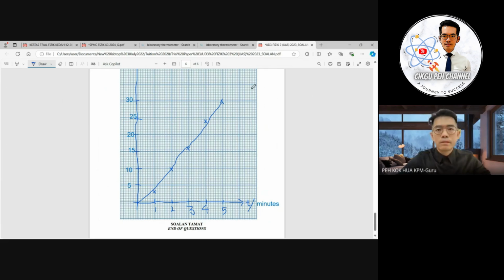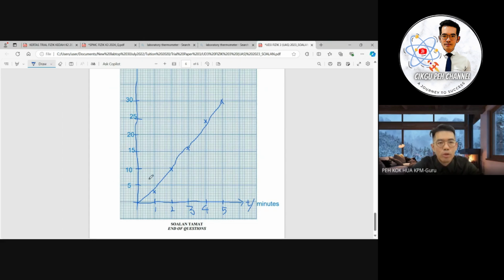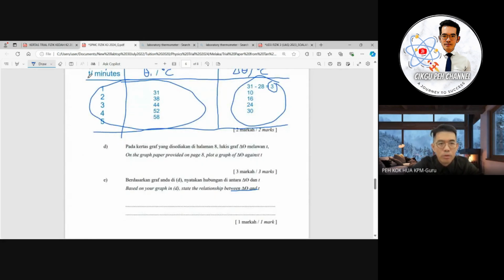Okay, so here the next question, relationship between delta theta and t. So you can see the graph will be straight line passing through origin. So here will be direct proportional. You can give direct proportional or increase also can.